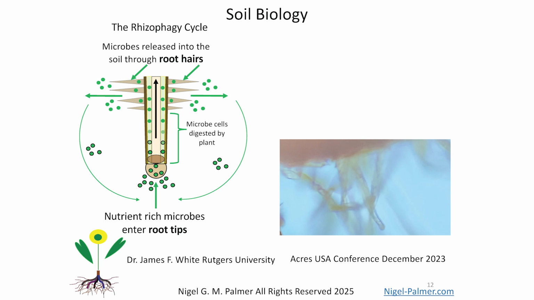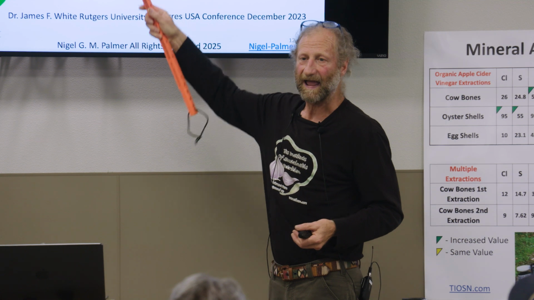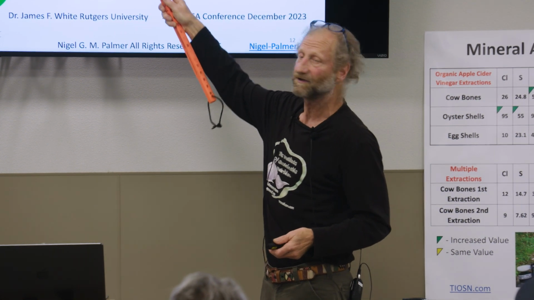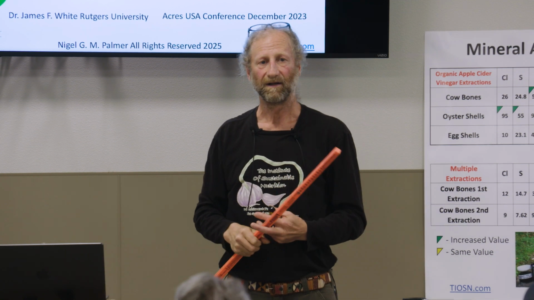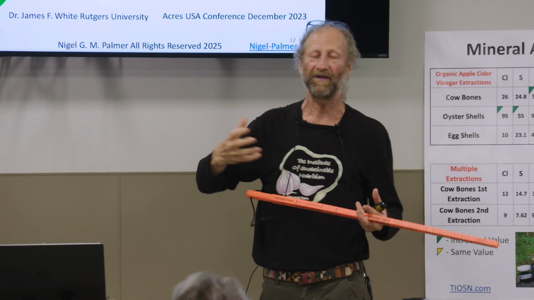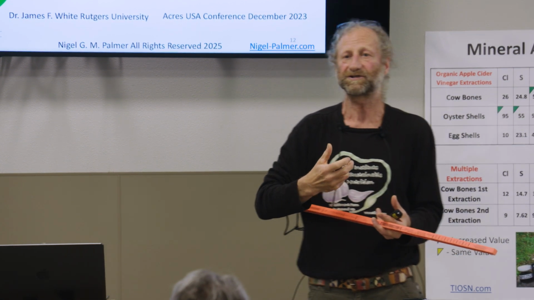that this bacteria, this is a root. This is the work of James White, and I'm introducing to you the microphagy cycle. This is a root, and these are root hairs. And the bacteria is actually released through the root hairs into the soil. And this bacteria then goes into the soil, and it lives and thrives and builds up thick walls and all sorts of nutrition and things.